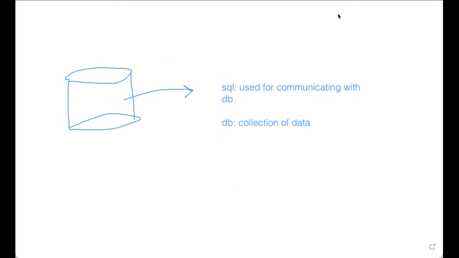Let's take an example. Suppose you are a class teacher of a particular class, and some other teacher comes to you and asks, can you give me the name of roll number 10? The question is simple: can you give me the name of the student who has roll number 10?